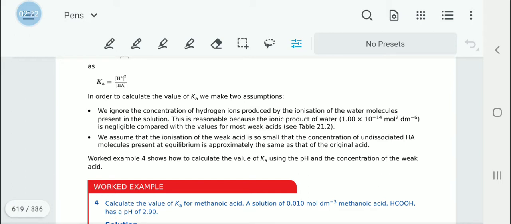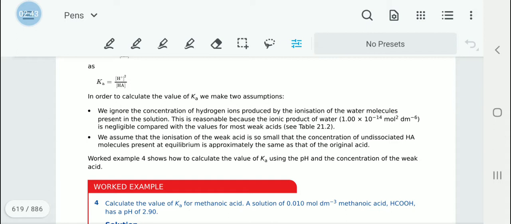There are two assumptions that we make. We ignore the concentration of hydrogen ions produced by ionization of water, because the ionic product is very low when compared to the H+ ion concentration of weak acids.